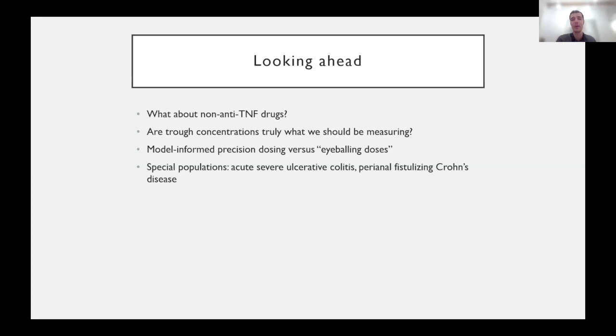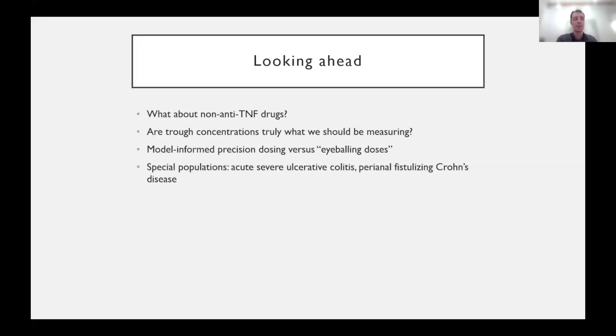Classically, we've focused on trough concentrations, which, if nothing else, was convenient for intravenously administered monoclonals. The patients came to the infusion unit for their new dose. Just before receiving it, their serum concentrations were expectedly at their lowest, and it was a convenient time to draw the serum sample.